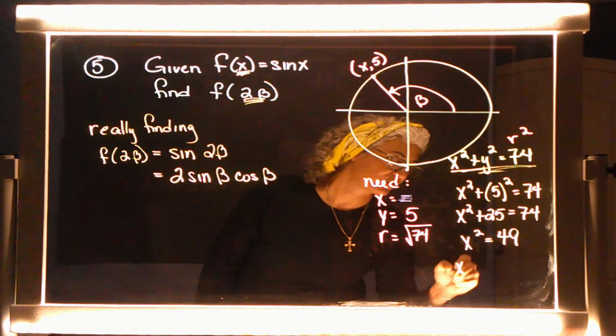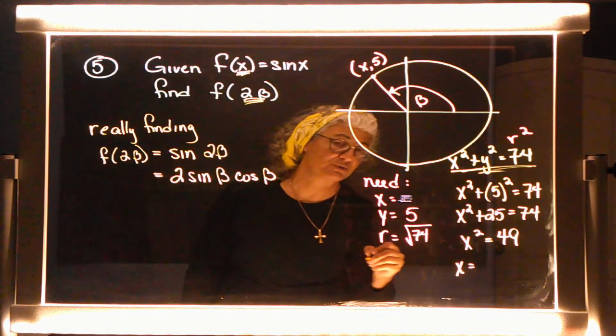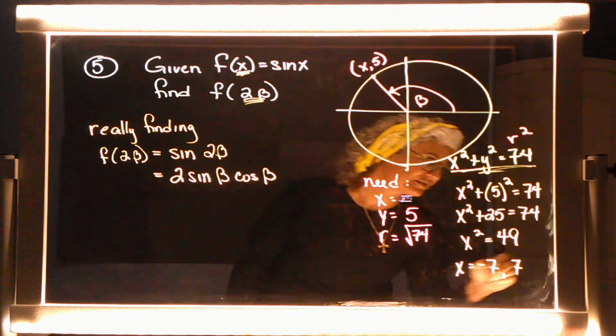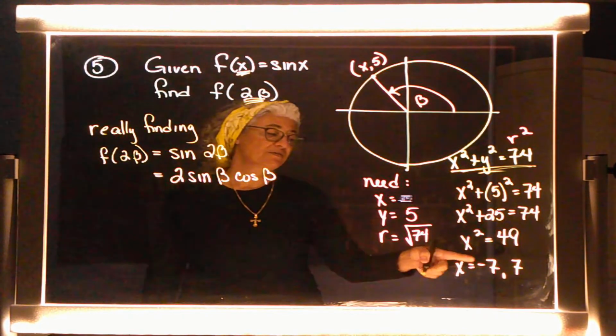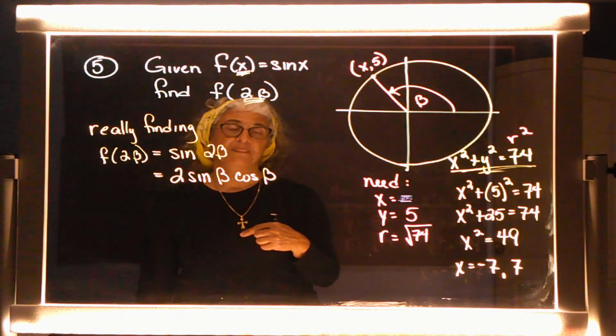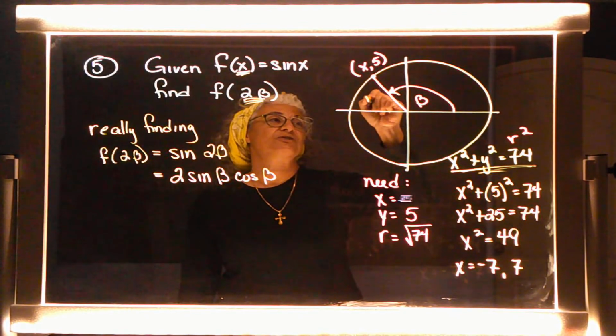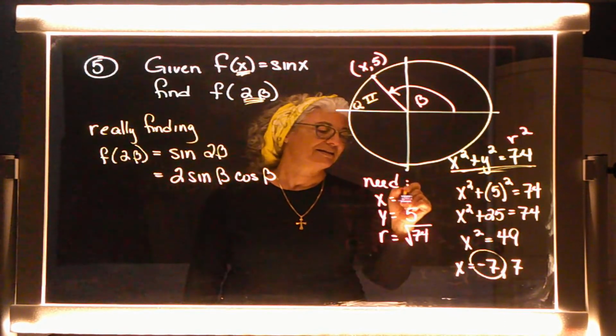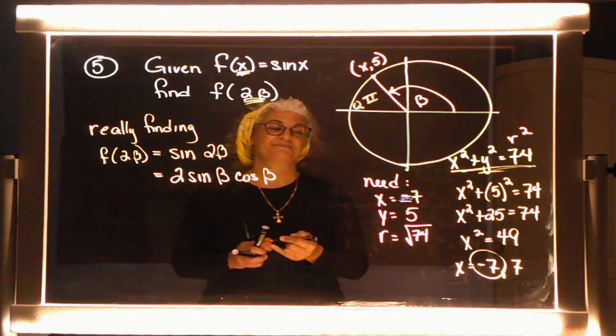And then you take the square root, and how many answers do you get? You get 2 answers. You get a negative 7 and a positive 7. And the question is, which one of those x's is the one we're going to use? Yeah, this is quadrant 2, isn't it? And in quadrant 2, x is negative. Good?